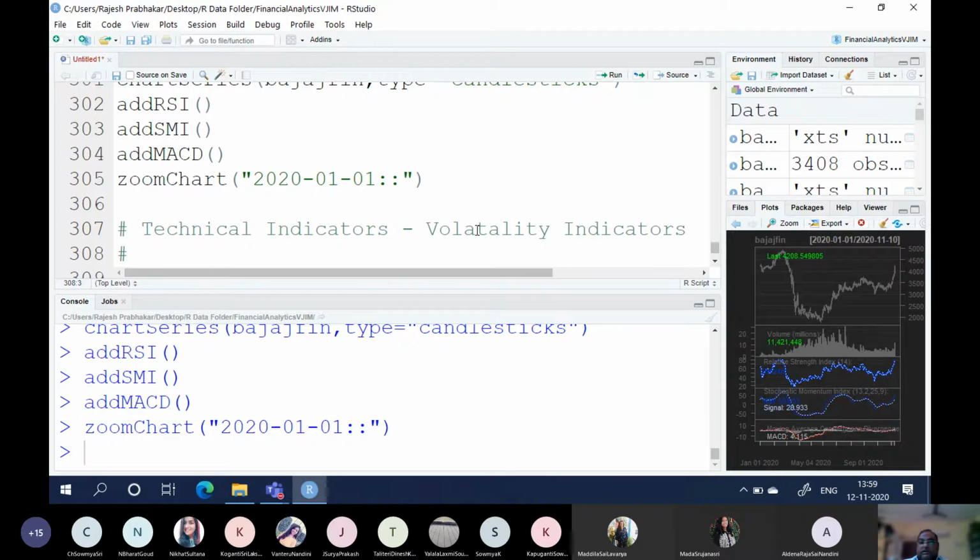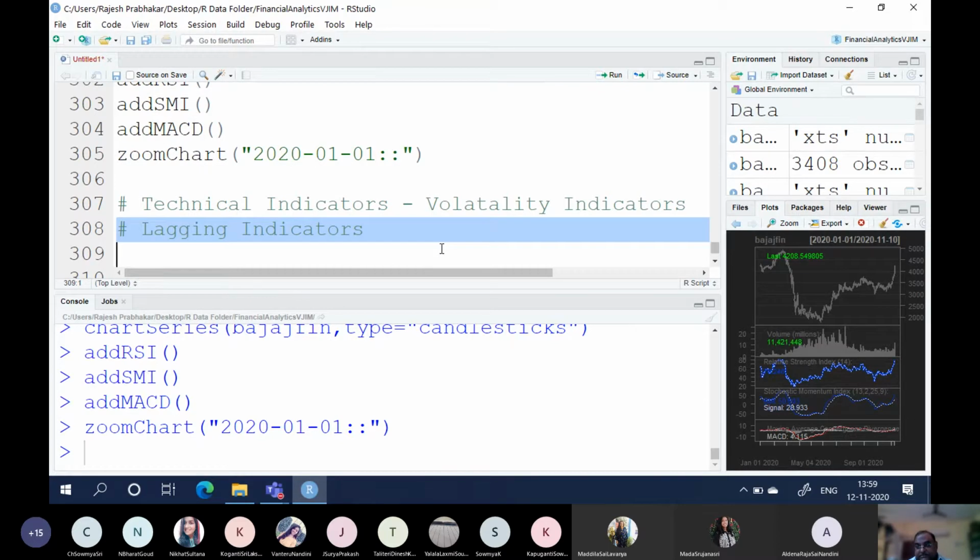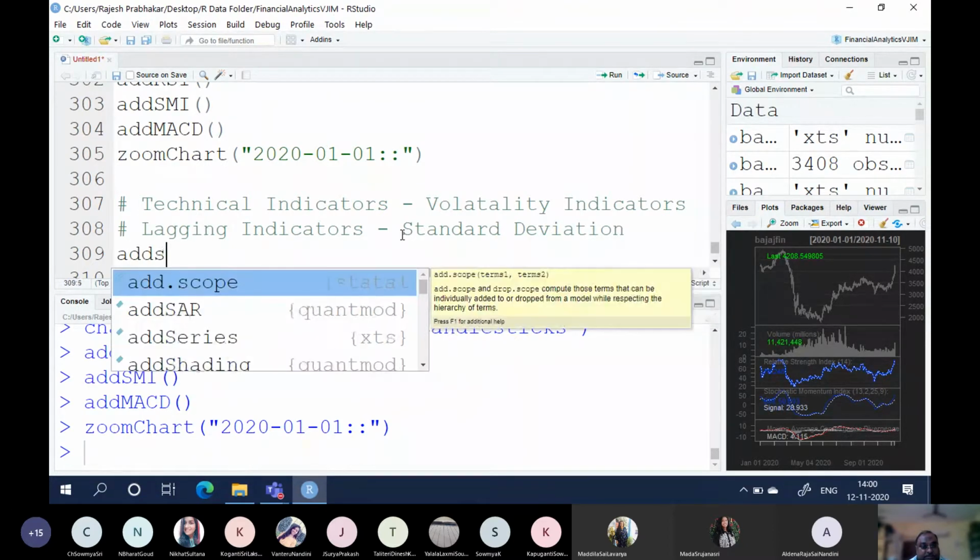Lagging indicator means it gives you an indication after the trend has happened. So standard deviation is the primary volatility indicator across finance. Standard deviation.